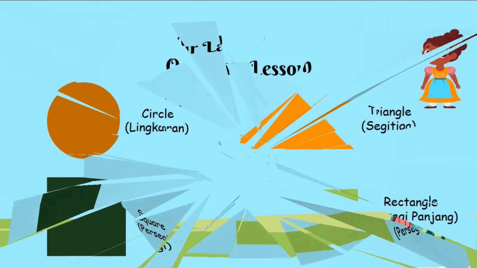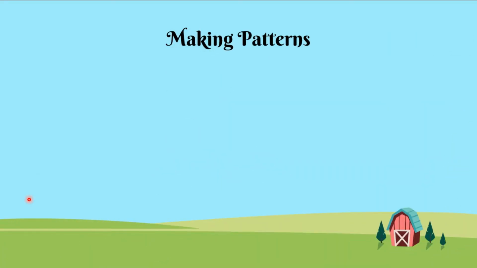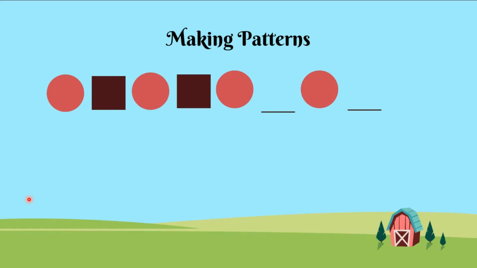Okay, my students, let's make patterns. Look at this picture. There are some circles and squares. Circle, square, circle, square, circle, blank, blank, blank, circle and blank, blank, blank.